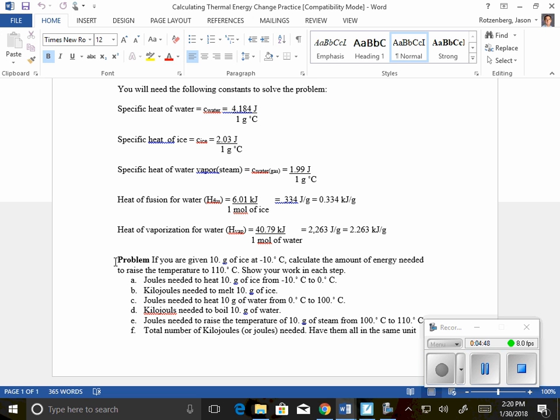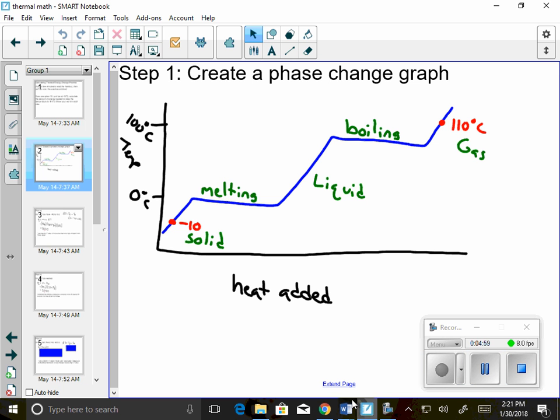And what I did for this, as you will see in the homework as well, is I divided it up into different smaller steps, A through F. And that's going to bring me back to my smart notebook sheet. On your heating and cooling curve, I recommend writing down the temperature you start at and end at.